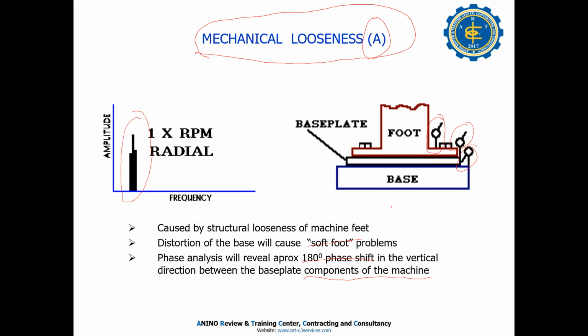I think the dial indicators are used by the fitters to correct the alignment. But it is also used for this one, if there is a movement or soft foot. We use also the dial.